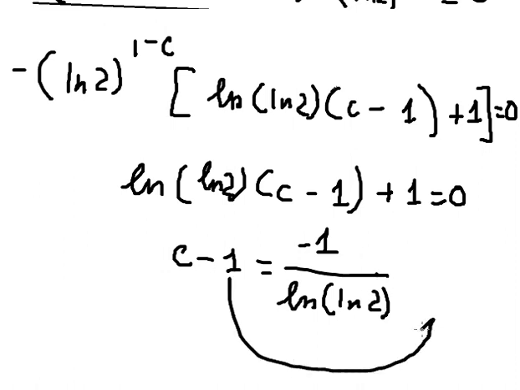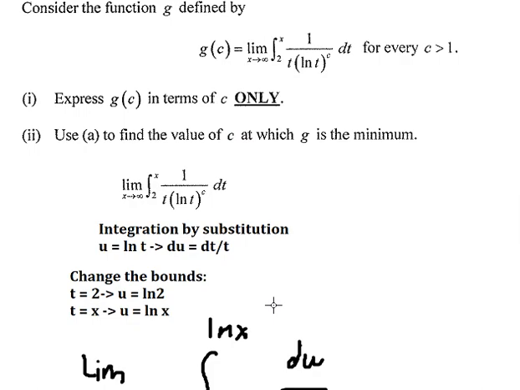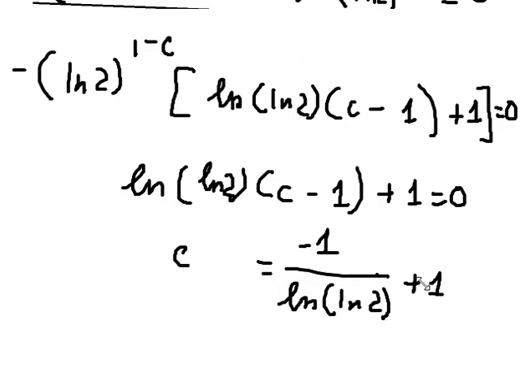So negative 1 I will put in here. And that is the value of c, to make sure that this one can get the minimum value. This is the end. Thank you for watching.